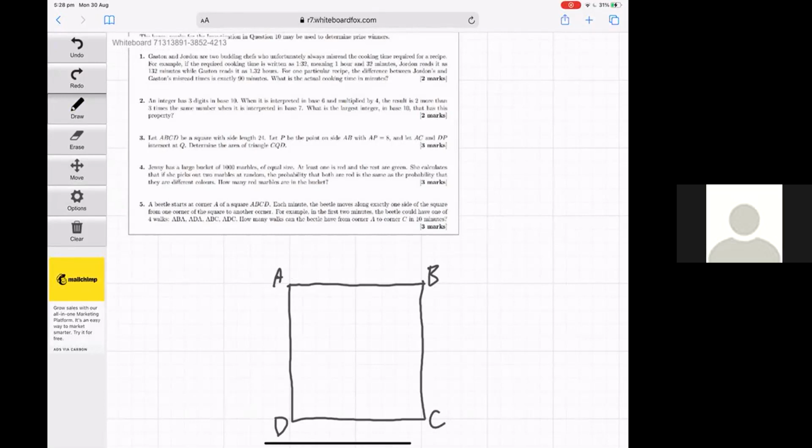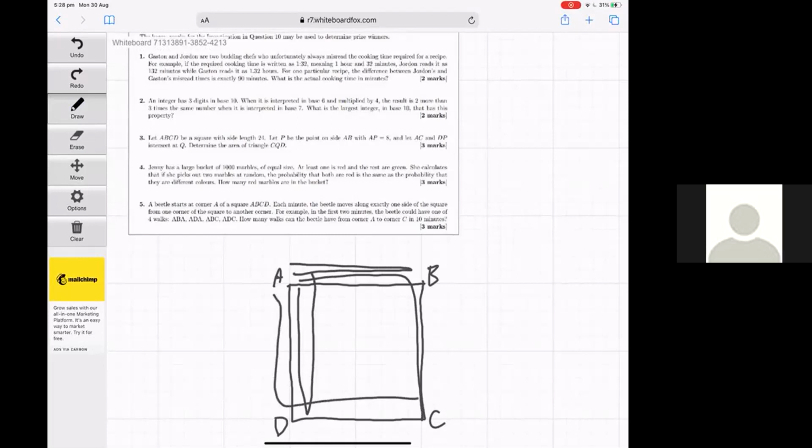For example, in the first 2 minutes, because traversing one side takes 1 minute, the beetle can traverse 2 sides. So it can be ABA, or ABC, or ADA, or ADC. All of those are allowed. And the question is, how many walks can the beetle have from corner A to C in 10 minutes?